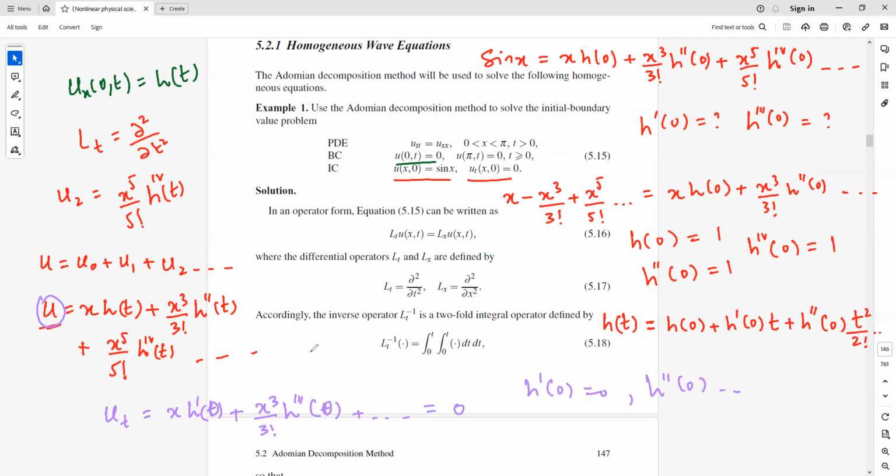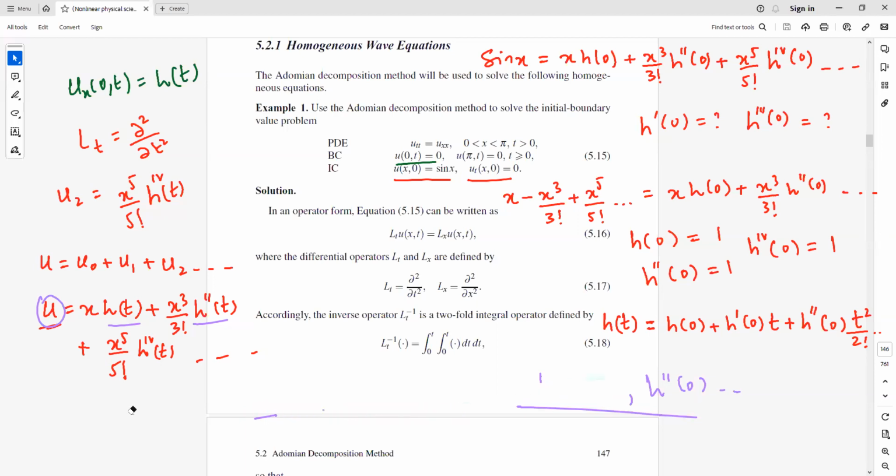Now in this function we only have the derivatives of the function for u as h double prime and h fourth prime, so we don't need these derivatives as well. But if we need these, we can just find them this way.